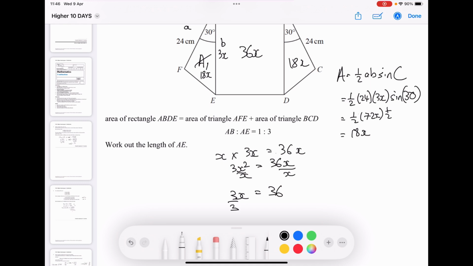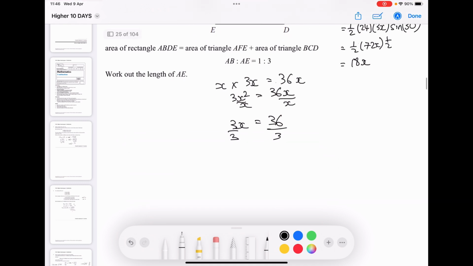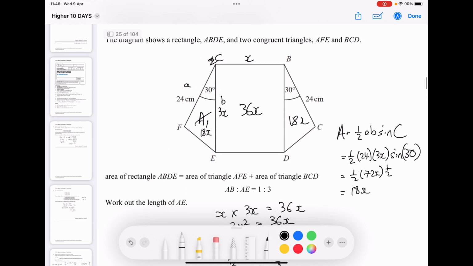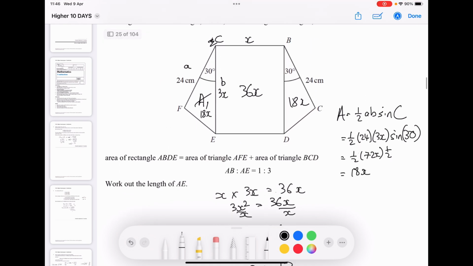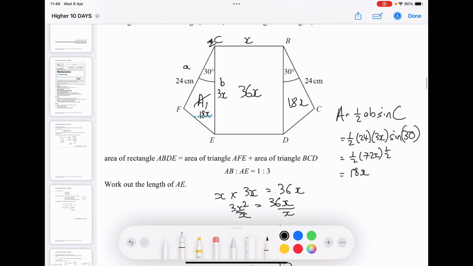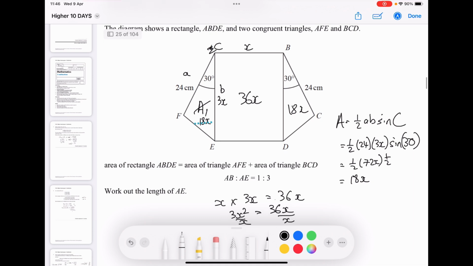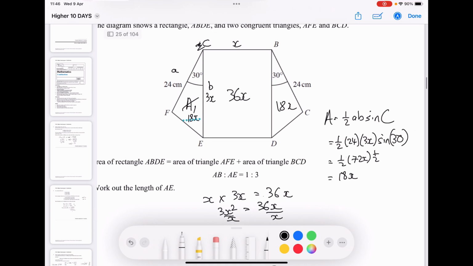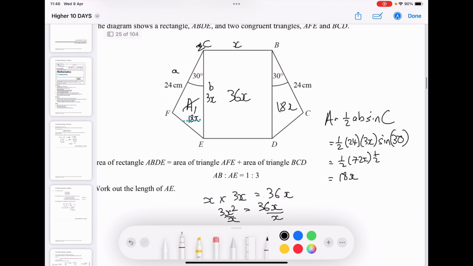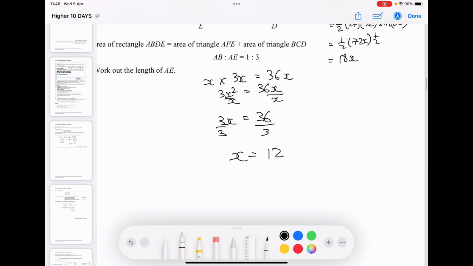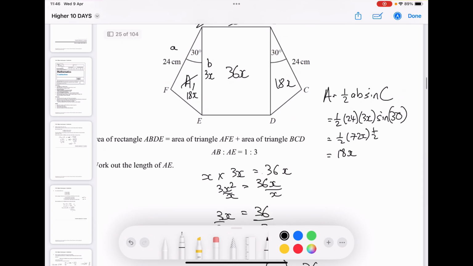If I divide by 3, x equals 12. So what side length did it want? Length of AE. x is 12, so AE equals 3 lots of 12, which is 36.